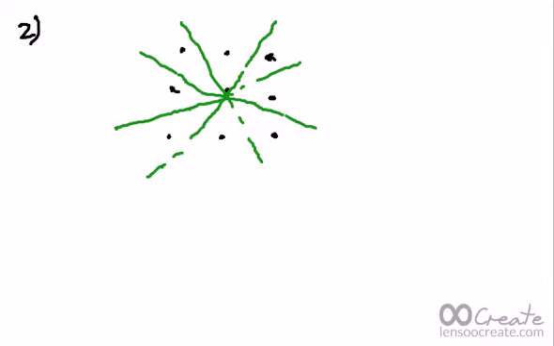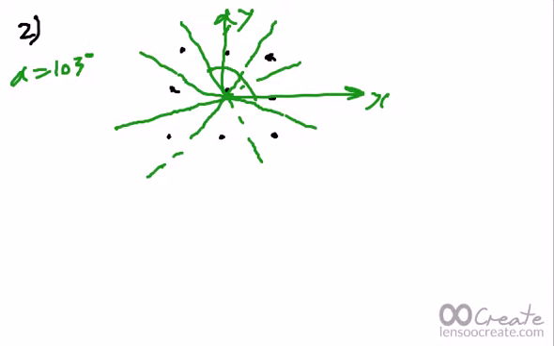For example, let's say last time we got alpha equal to 103 degrees. Starting from this x direction, where is 103 degrees? If this is the y direction, 103 degrees will fall somewhere here. This is 120 degrees, this is 90 degrees, so it will fall somewhere here, and this region falls in this sector.